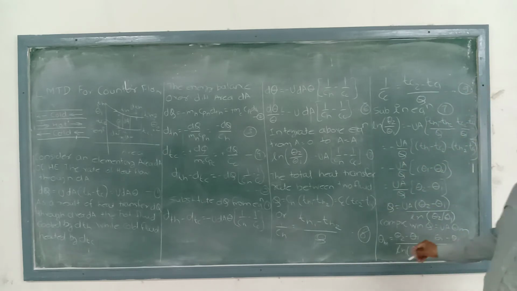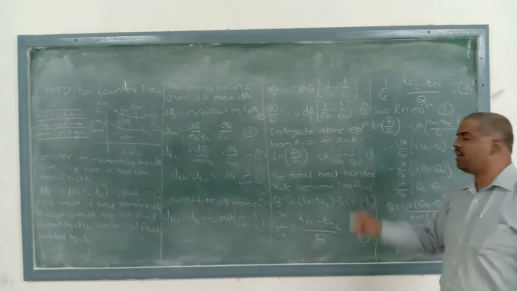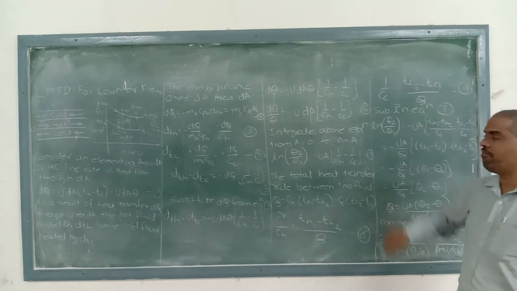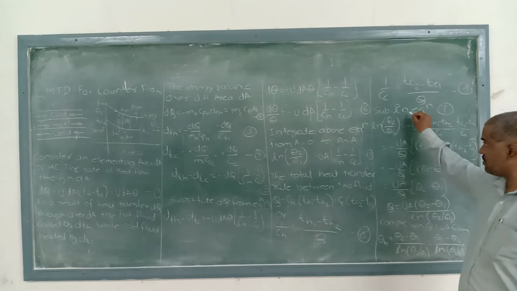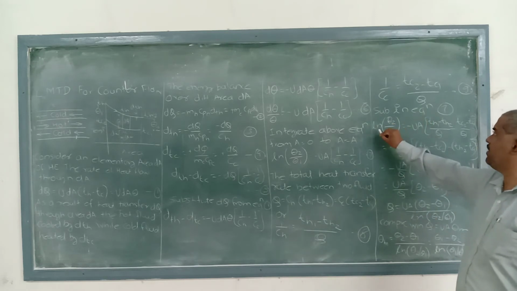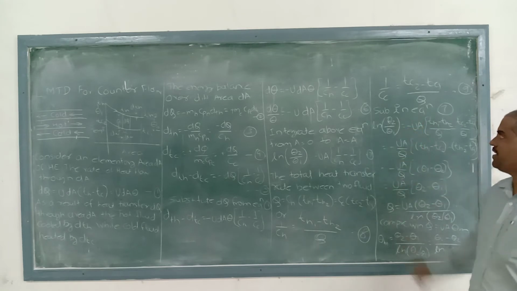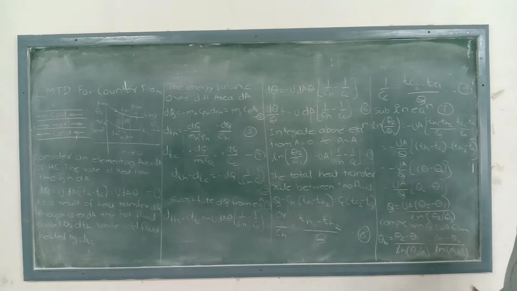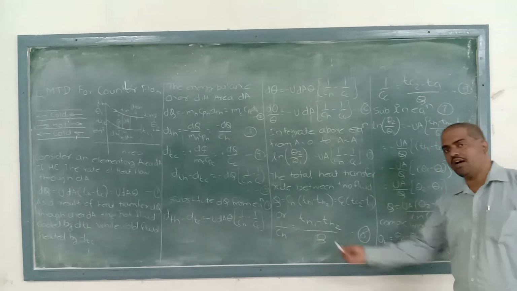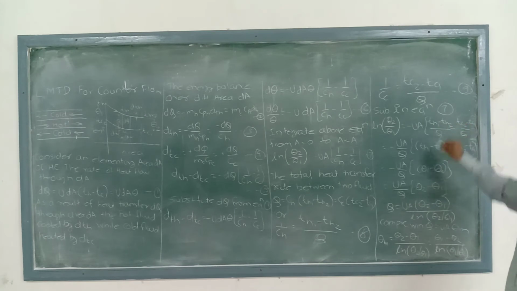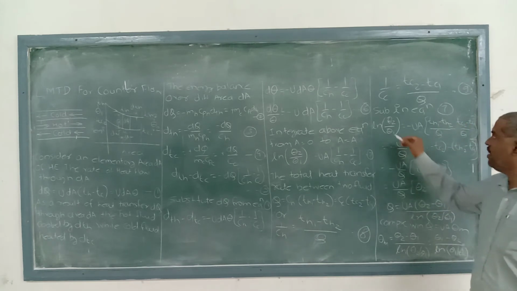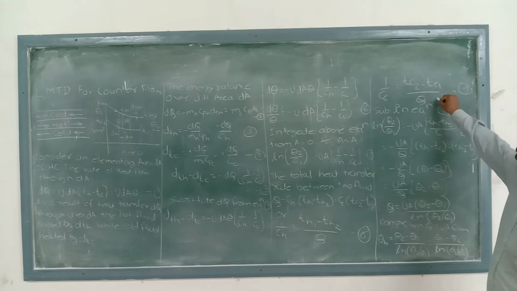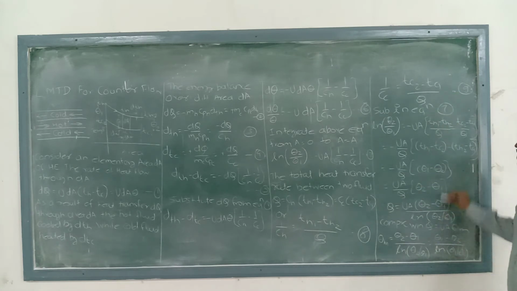We are going to substitute these 1 upon Ch and 1 upon Cc values in equation number 7. So we are getting ln of theta 2 upon theta 1 is minus UA, and for 1 upon Ch we substitute Th1 minus Th2 upon Q, and for 1 upon Cc we substitute equation number 9, so it becomes Tc2 minus Tc1 upon Q.